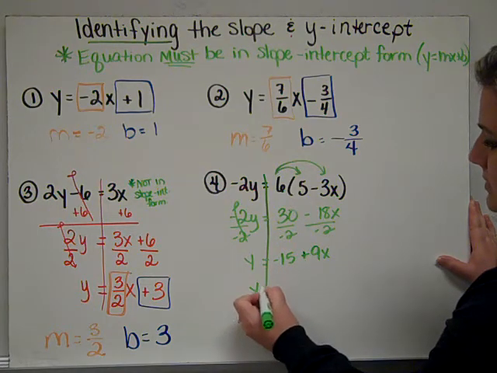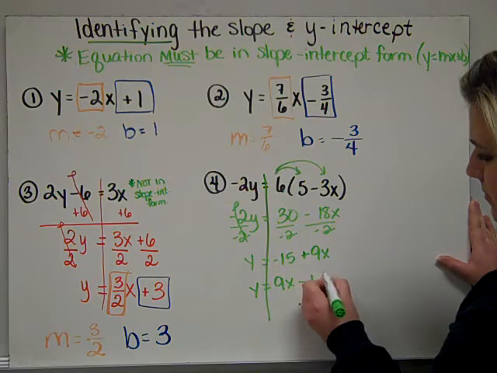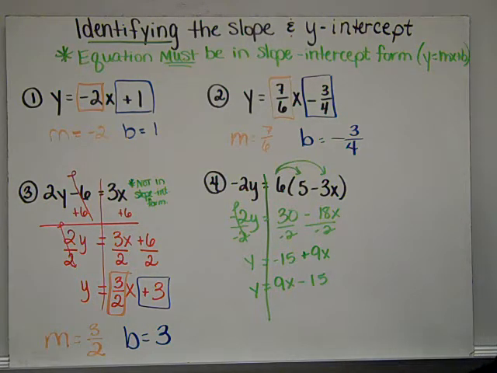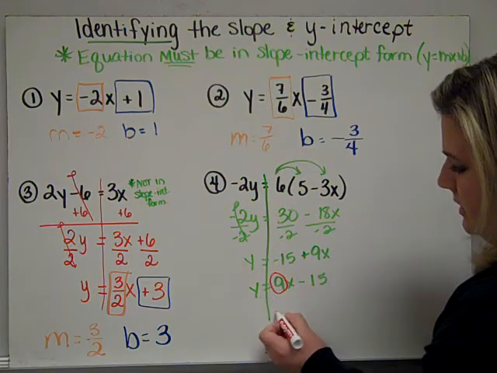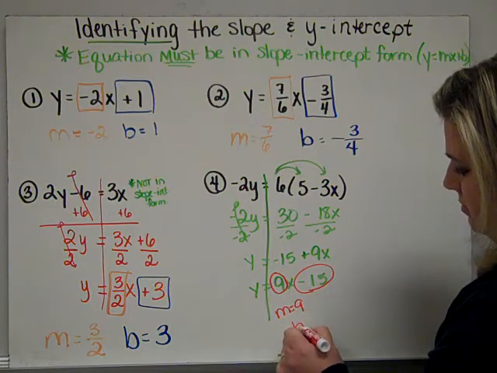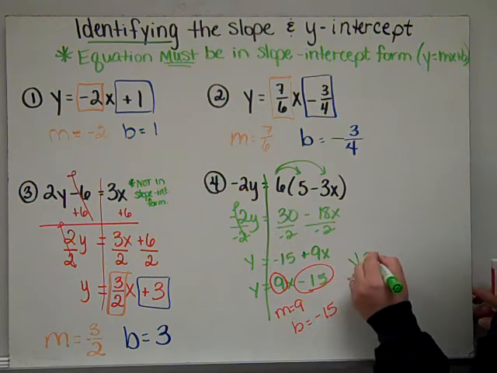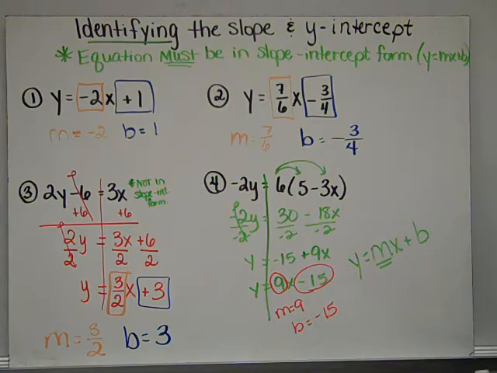So we're going to flip these around and get it in mx plus b form. Okay, so I can see here that my coefficient, my m, is 9, and my b, my y-intercept, is negative 15. And remember, when I keep saying coefficient, it's because of our slope-intercept form. This m plays a role as the coefficient there.